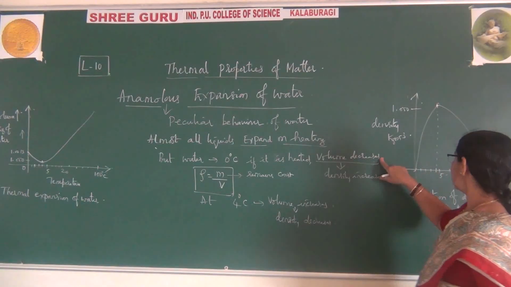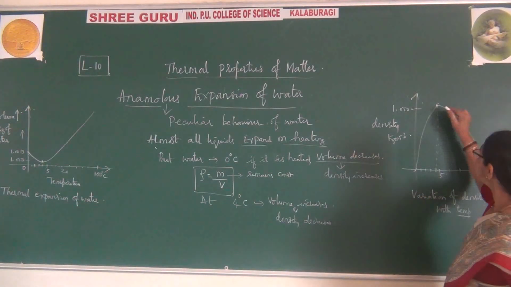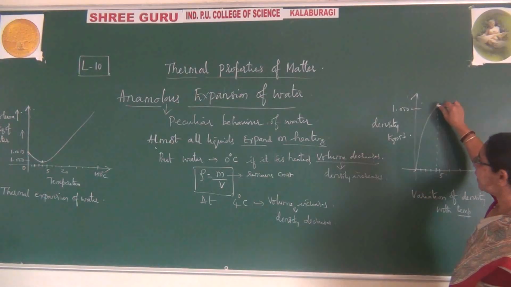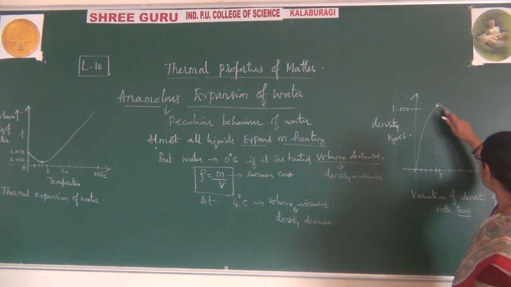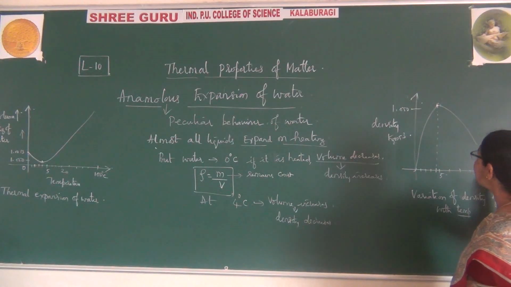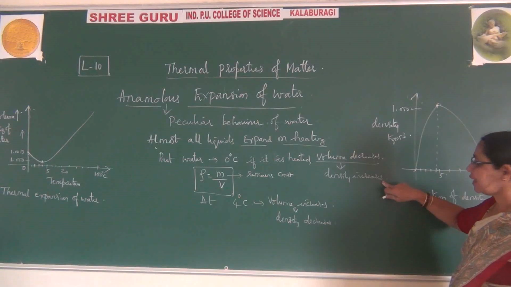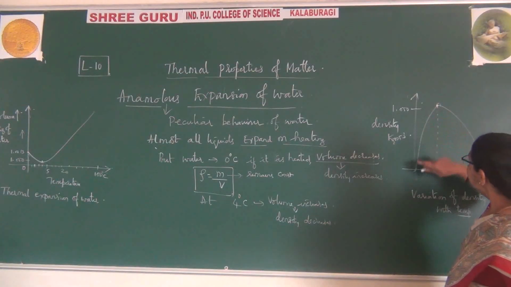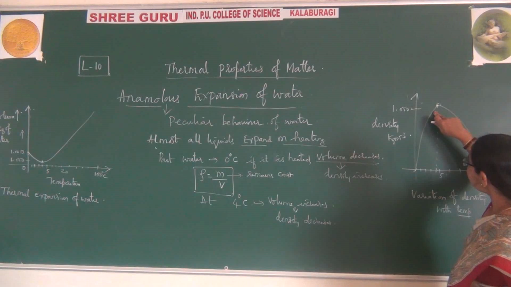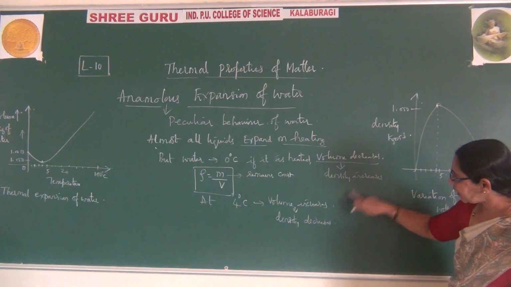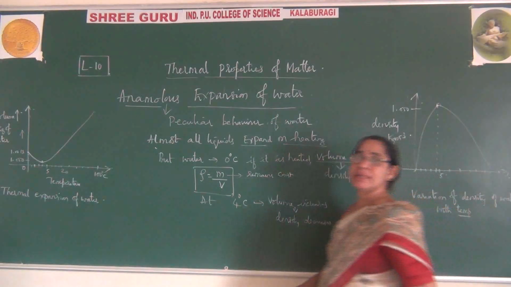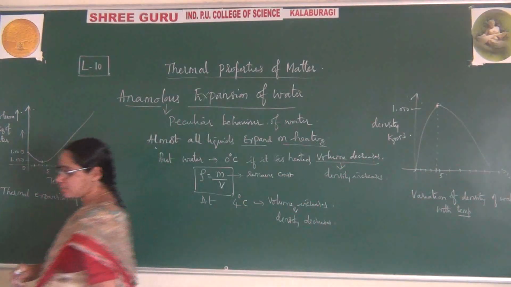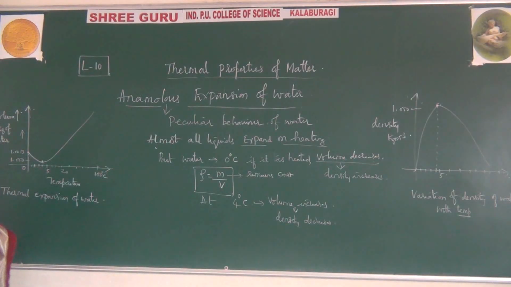When volume decreases. Remember, density increases at 4 degrees centigrade. At this position, volume goes on decreasing. Naturally what happens? Density increases. As you observe, density increases up to a maximum.